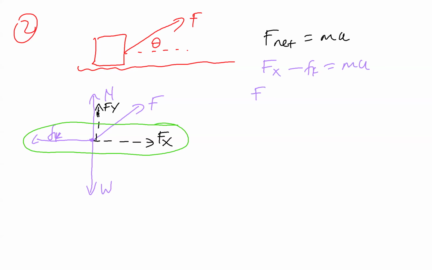Fx, remember, is F cos of theta. Must always remember that. But let us do normal force. Normal force plus Fy is equal to W. Can you deduce that? Yes. Normal force plus Fy is equal to W.